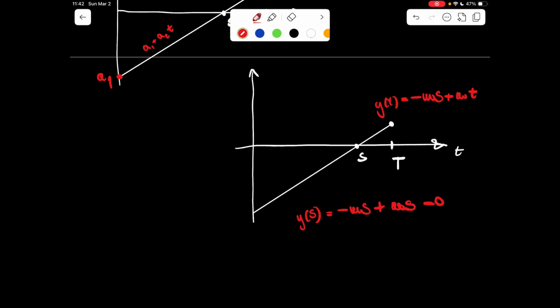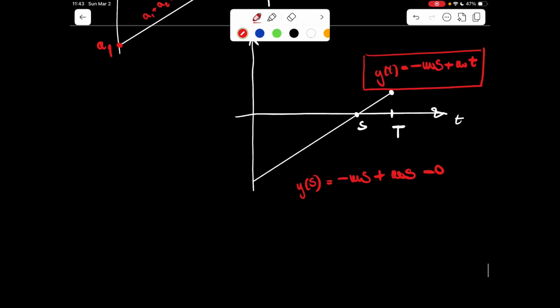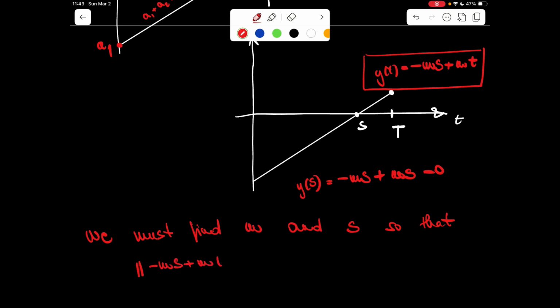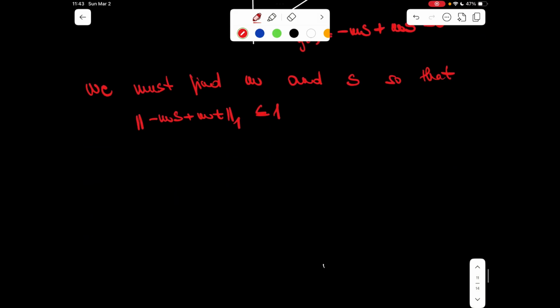To sum up, we are looking for a function with which our unknown function u was aligned. We must find m and s so that the norm is not higher than 1.